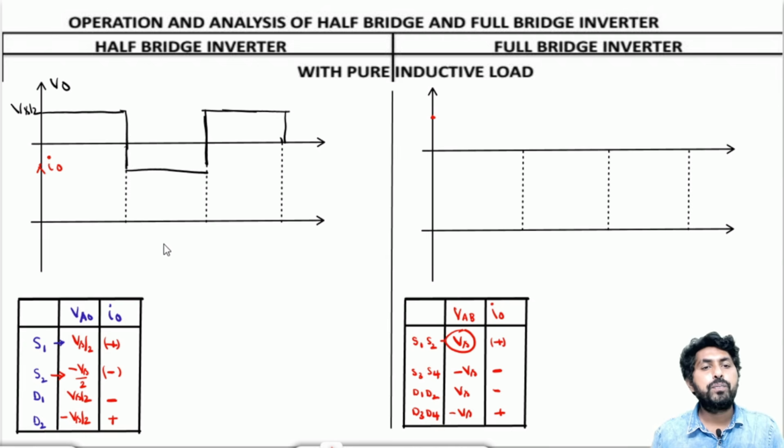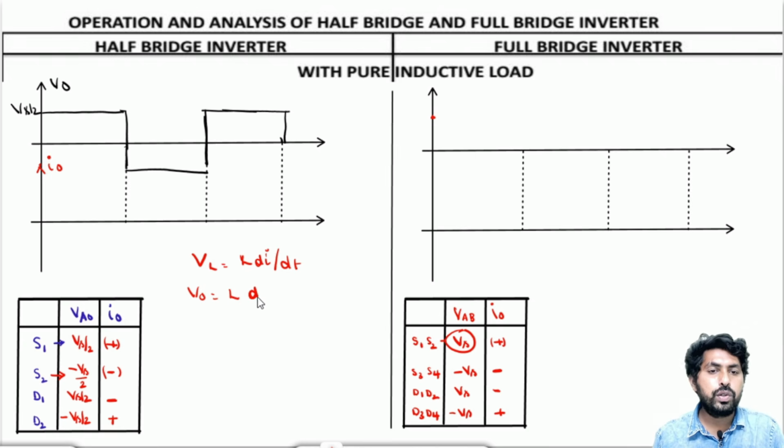As we know, VL equals L di by dt, so VL equals V0 and L into di0 by dt. So I0 equals the integration of VL by L, that is V0 by L into dt.